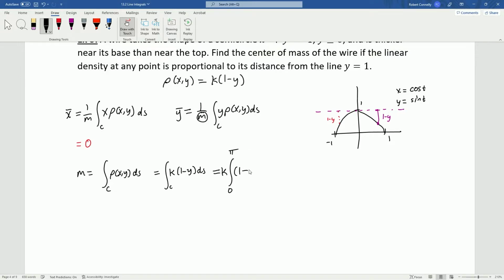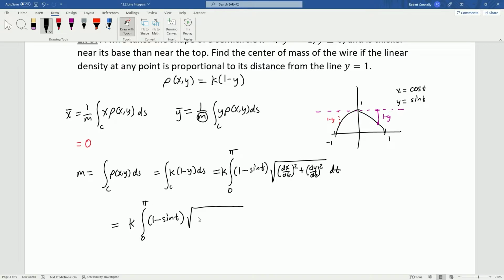Now y in this parameterization is just sine of t. But then we need to multiply by ds, which is going to be dx/dt squared plus dy/dt squared, all under the square root and multiplied by dt. Okay, dx/dt is going to be negative sine of t, squared.